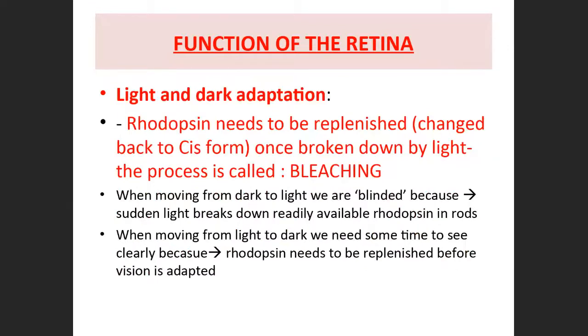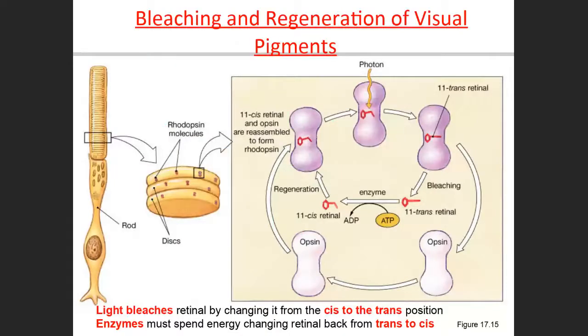So another characteristic of retinol is that when it changes from the cis to the trans position, which happens with light, the molecule has to be resynthesized. So it cannot just be changed back to cis. It actually has to be remade.